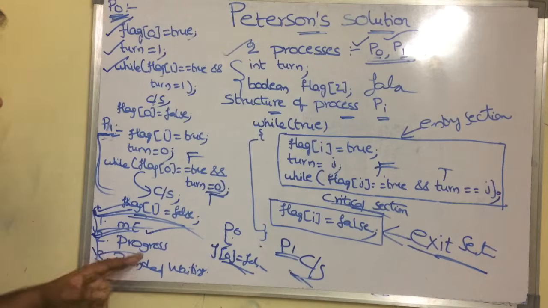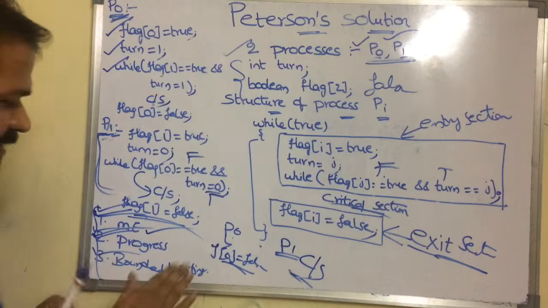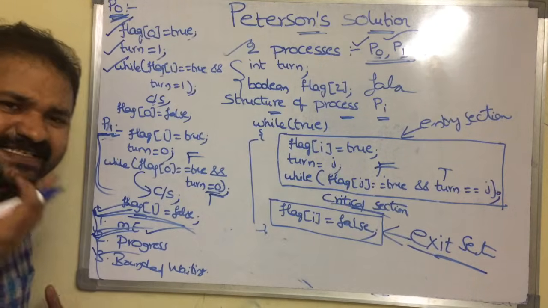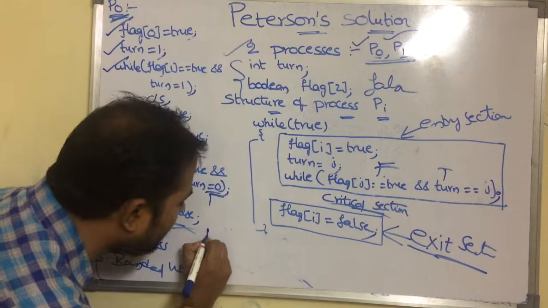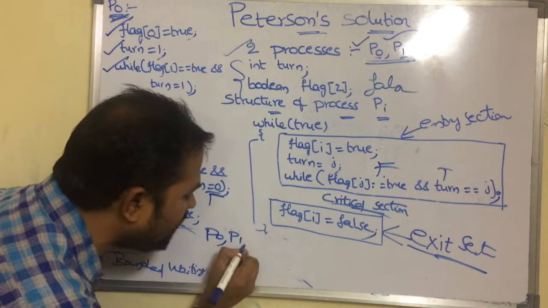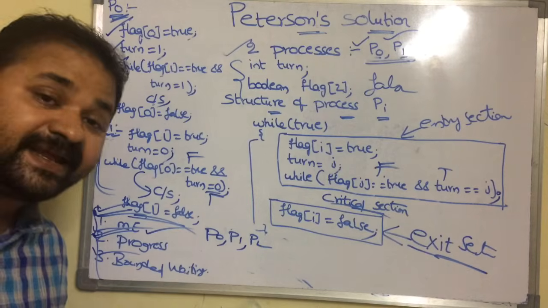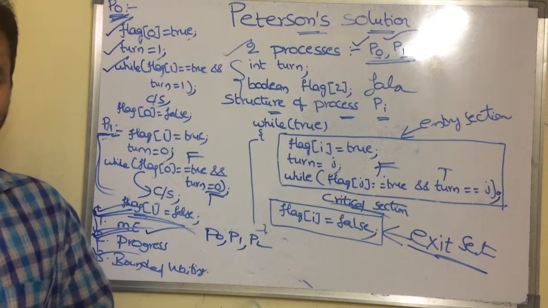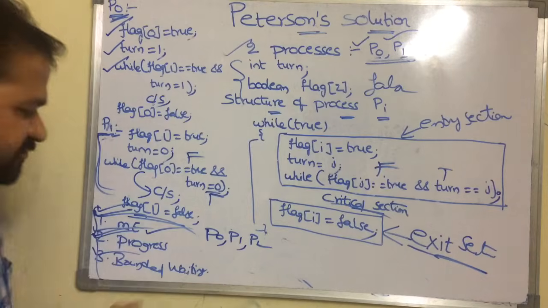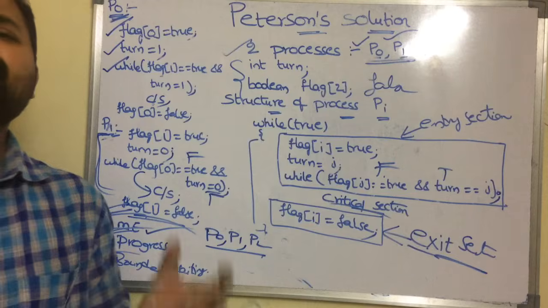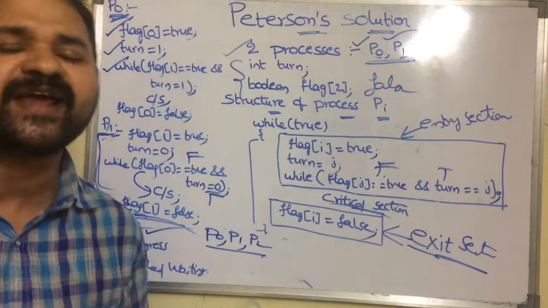Now let's see the second requirement, progress. So what is progress? Now let us assume that the critical section is free and several processes such as P0, P1, P2 are interested to enter into the critical section. Then the decision about which process should enter into the critical section should be taken in a finite amount of time.